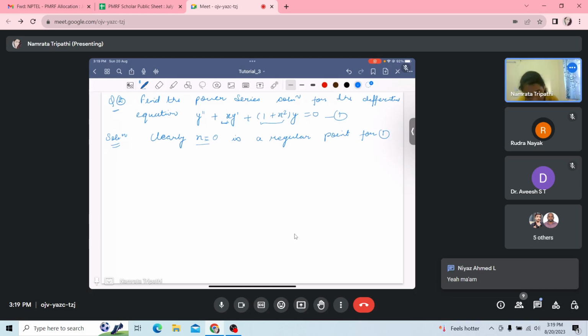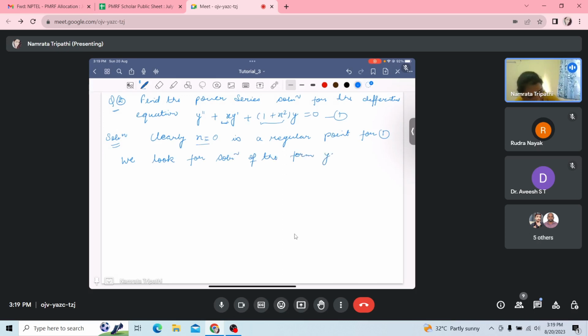Okay, now how to solve the power series solution about x equals 0. Power series solution means we look for a solution of the form y of x equals summation c_n x to the power n, n varying from 0 to infinity.